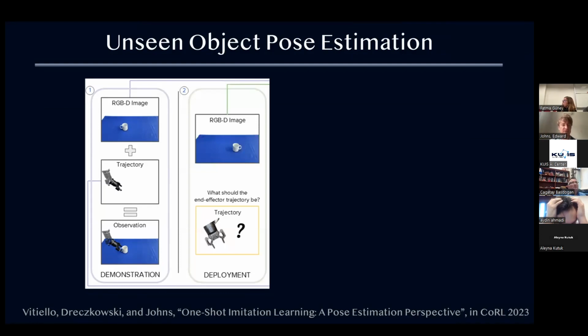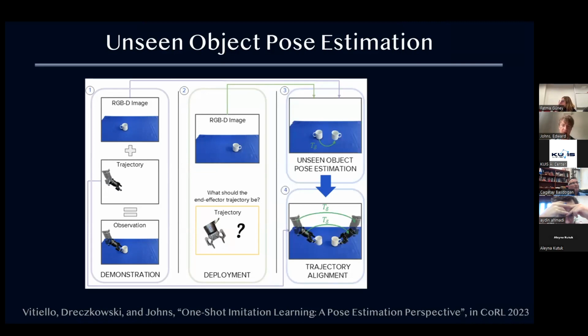Then during deployment, when the robot wants to actually interact with the object autonomously, the object has moved to another place. So the mug now has moved to a different pose on the table. And now the robot has to figure out what the end effector trajectory should be in order to interact with the object. And we can solve this by using unseen object pose estimation.